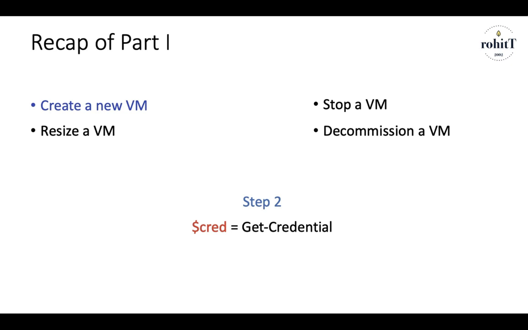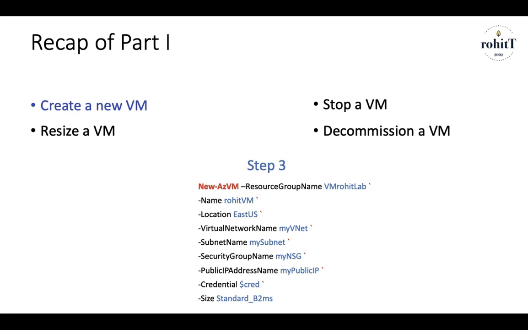And the third step, the most important one, was the actual PowerShell, which will actually provision this particular virtual machine, starting with the verb New-AzVM, and then the resource group name where we would like this to be set up, and then the other attributes like the name of the virtual machine, location, virtual network name, subnet name, security group name, public IP address name, credential, the variable that was stored, the username and password that will get set up for this particular virtual machine, and the important thing, the size.